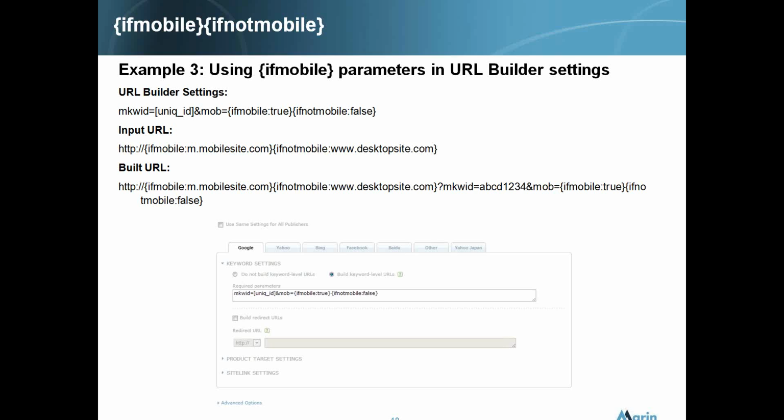And then if you are using this as a tracking value, then this would be the example here where you'll see that the if mobile true, if not mobile false is in the URL builder and will be appended after your URL. So those are the three examples of how this if mobile, if not mobile is used within the URL builder, and what is an example of what's being uploaded into Marin.